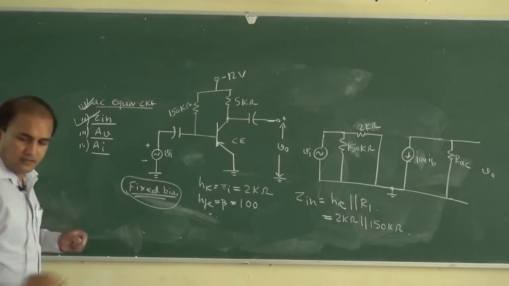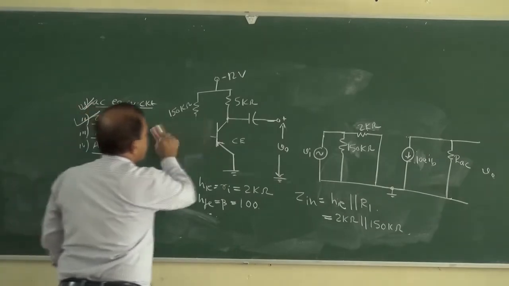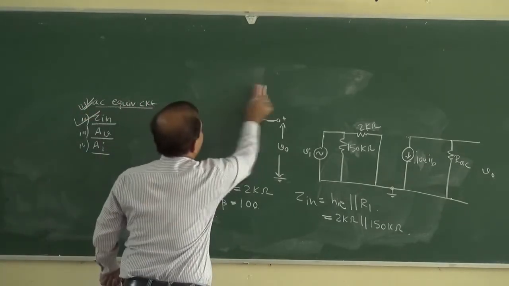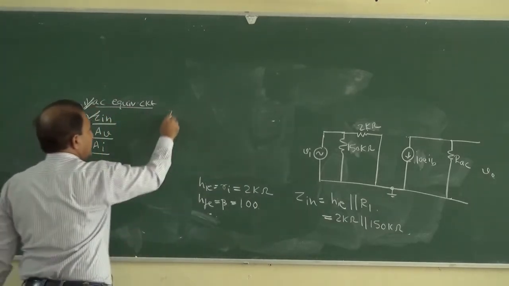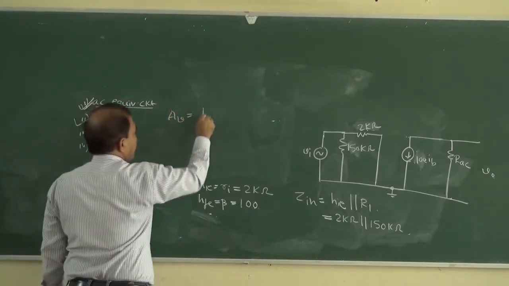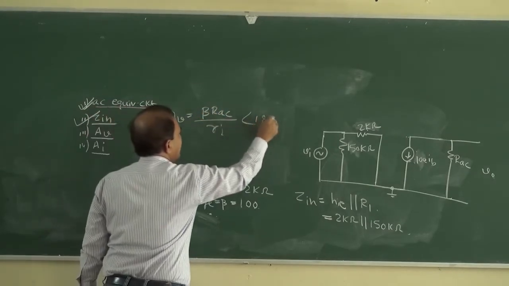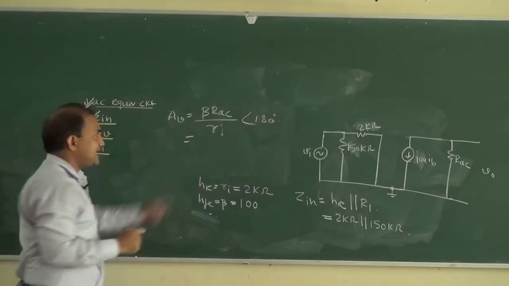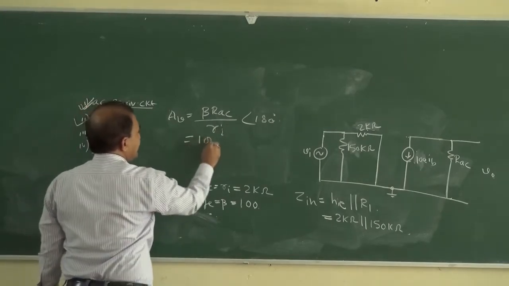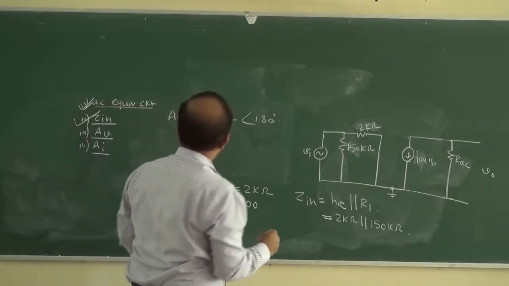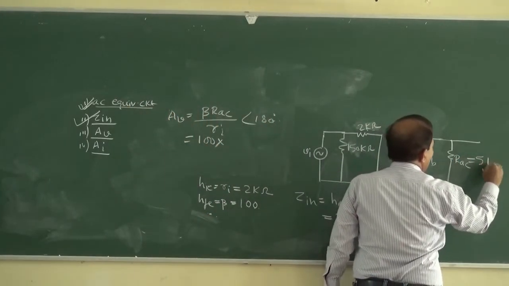Then voltage gain. How can we determine the voltage gain? Voltage gain is equal to beta RAC divided by RI, phase angle is 180 degree. Beta, or HFE, is given as 100, and RAC is 5 kilo ohm.